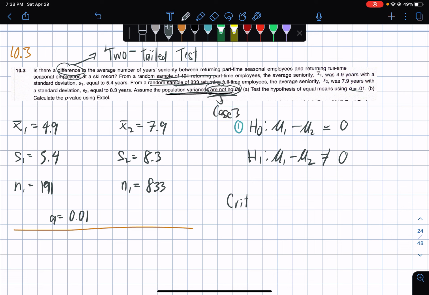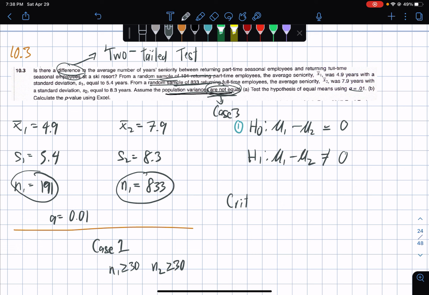But then there's also another idea that we have to recall again. For case 1, this is what we use if n1 and n2 are both greater than or equal to 30, which is true. 191 is greater than 30. 833 is greater than 30.